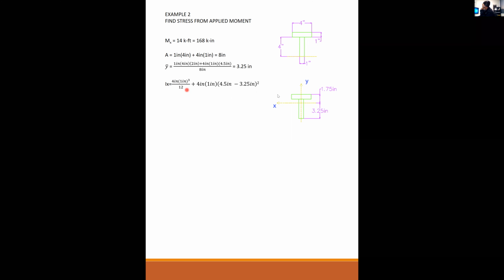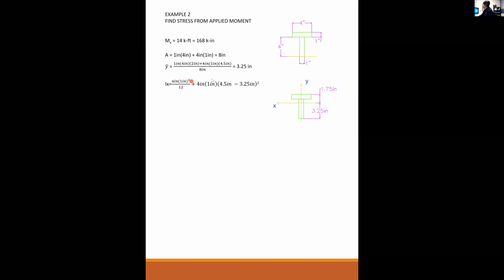Plus you add to that the area of piece number 1 times the distance from the centroid of the piece to the centroid of the whole section. So I have 4 times 1 times 4½, that comes from 4 plus half gets me to the centroid of piece 1, minus my 3¼ to the centroid of the whole section, squared.